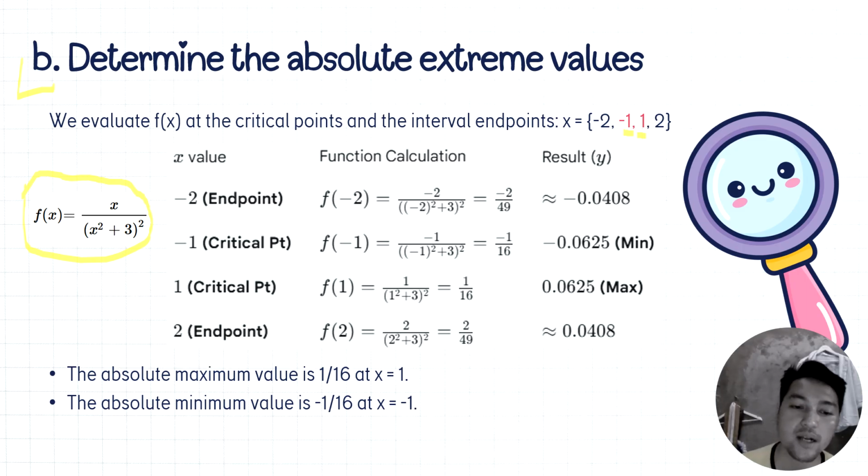Therefore, the absolute maximum value is 1 over 16 at x equals 1, and the absolute minimum value is negative 1 over 16 at x equals negative 1. So we determine that our minimum and maximum lie at negative 1 over 16 and 1 over 16, with the critical points negative 1 and 1.